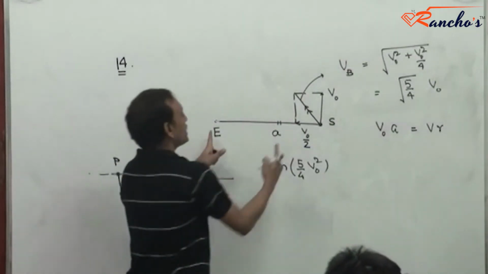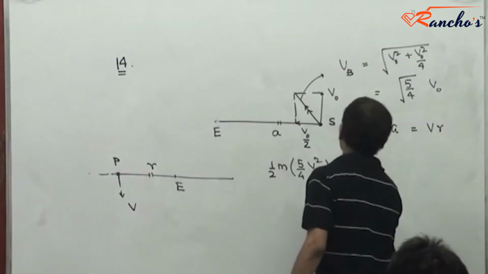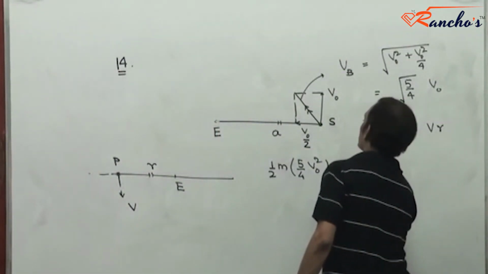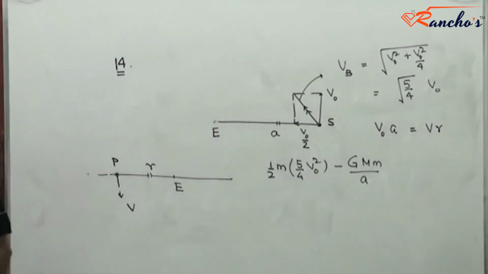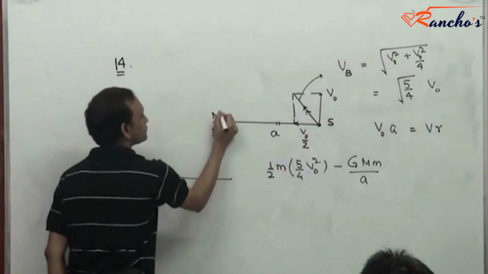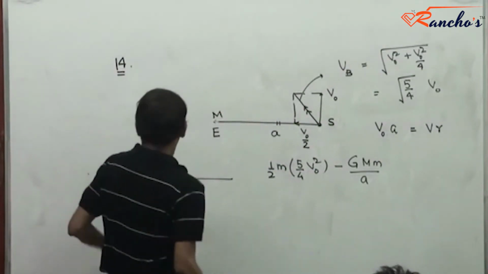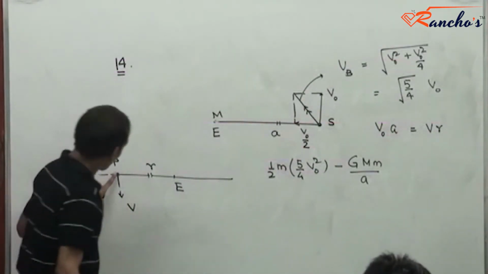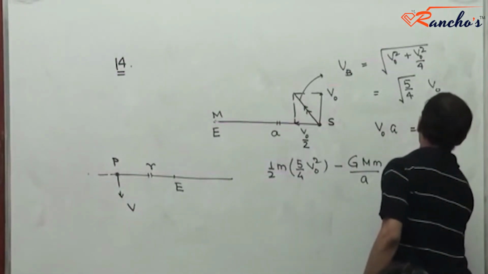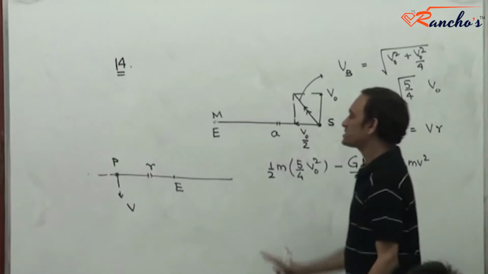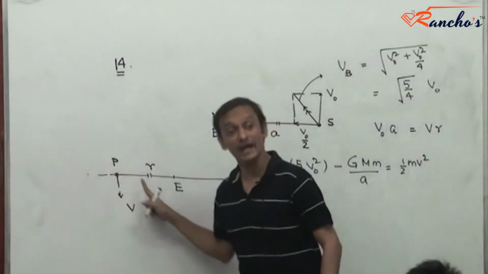And the potential energy at this point is minus GMm divided by A, where M is the mass of the Earth. And at point P, the kinetic energy is half m v squared, and the potential energy is minus GMm by R.